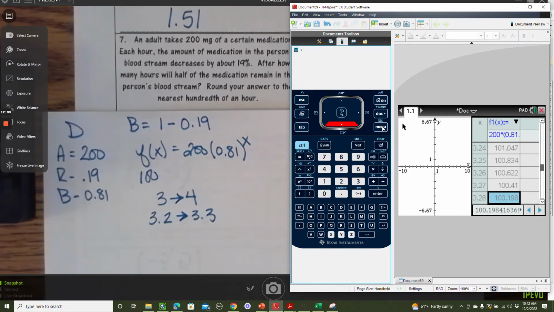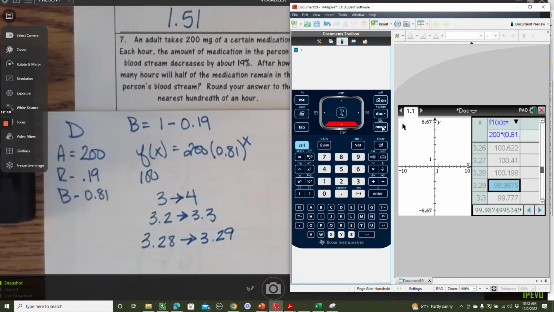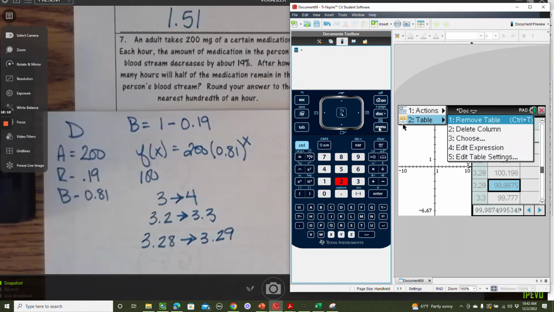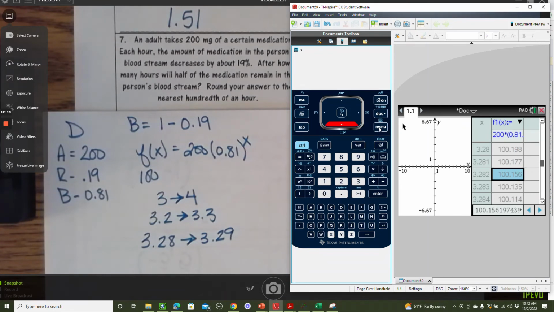All right, 100 even. So in between 3.28 and 3.29. You think it's going to round up? Menu 2, 5, 3.28. Oh, there it is.